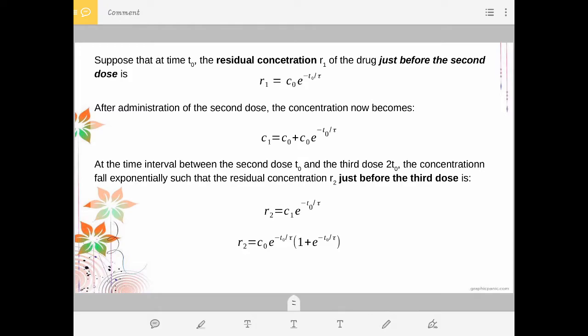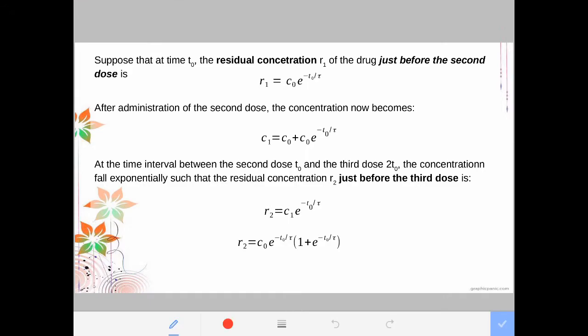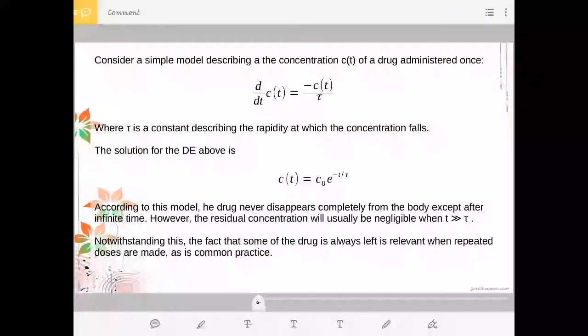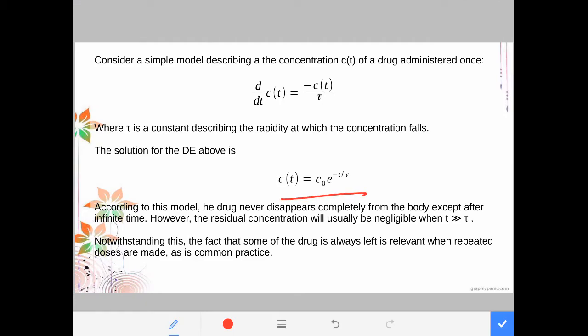So if we put t0 as the time just before we administer the second dose, we can say that the residual concentration is equal to the initial concentration of the drug times e raised to negative t0 over tau. This is just applying the equation from here, where we just change C of t into R1, because we just define R1 as the residual concentration just before the second dose.